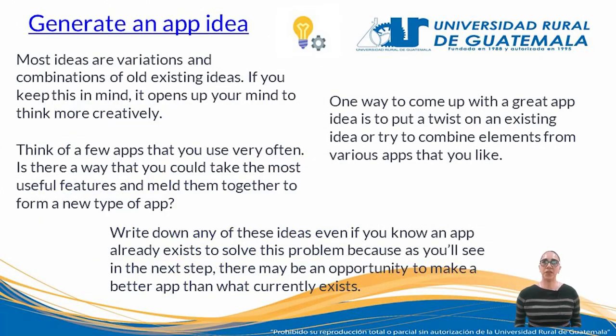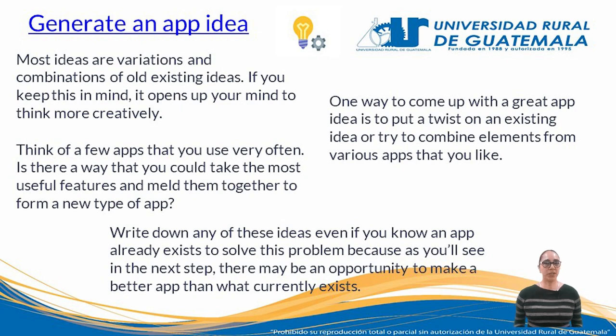Generating an application idea. Most ideas are variants and combinations of existing ideas. This is something that you can keep in mind, because it opens up your mind to think more creatively. Probably there's an application that already exists and you have another idea to improve it, and you can build a new application from an old app.